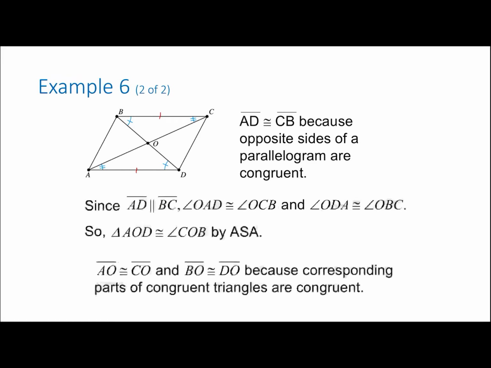And since AD and BC were parallel, we could find those alternate interior angles, which we did. And so again, angle, side, angle allowed us to show that those two segments we were trying to find were congruent.